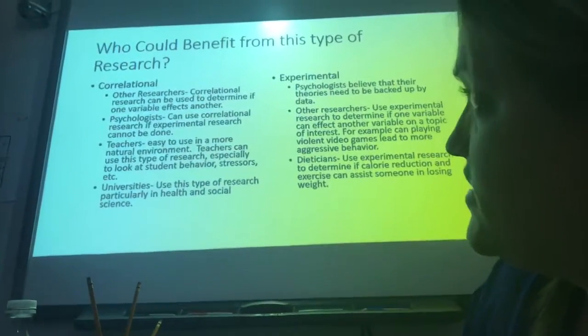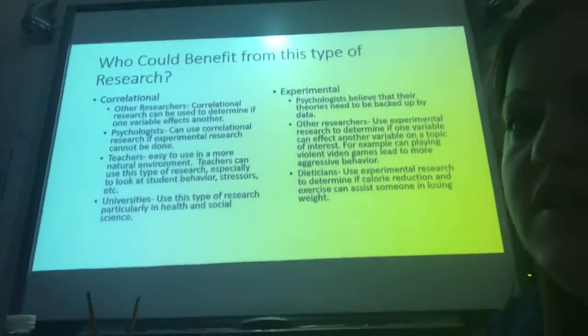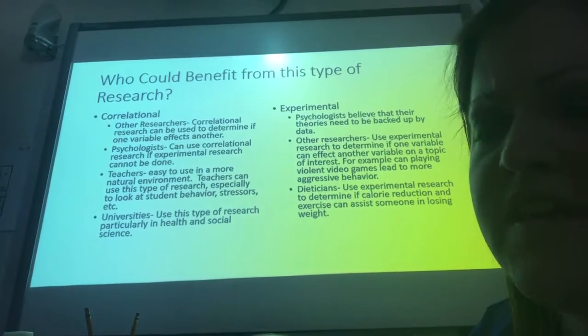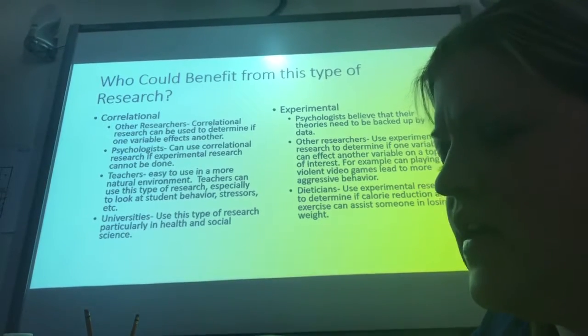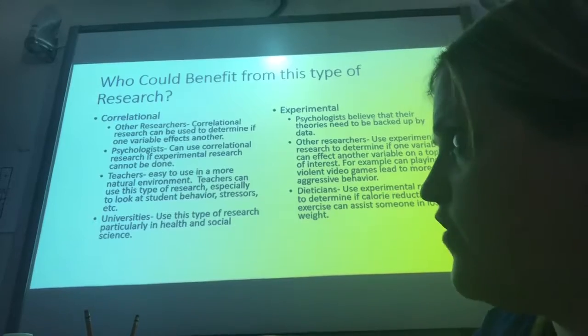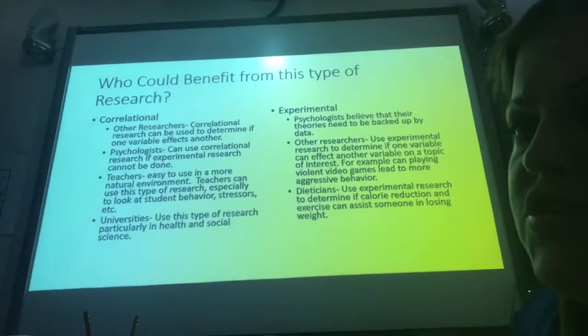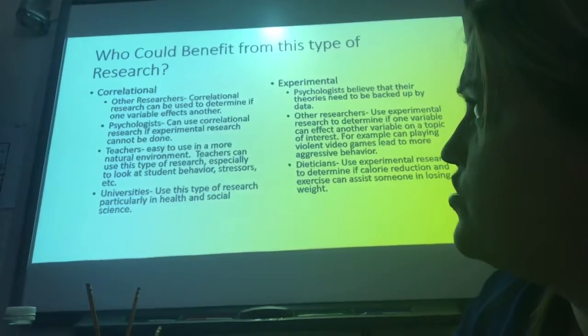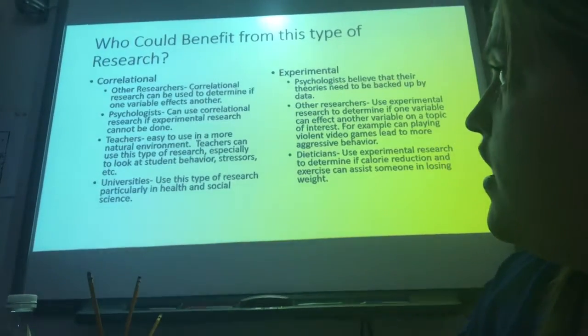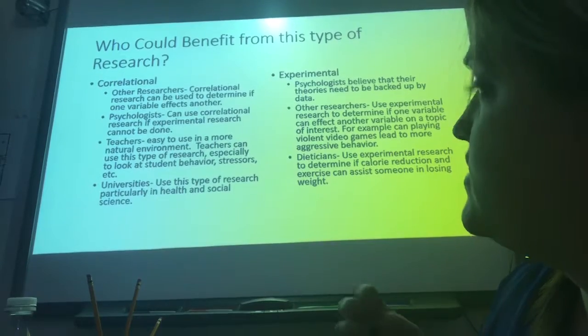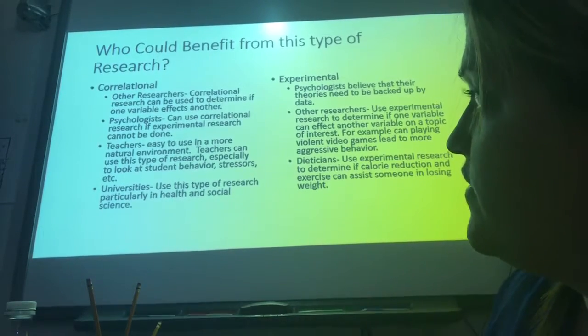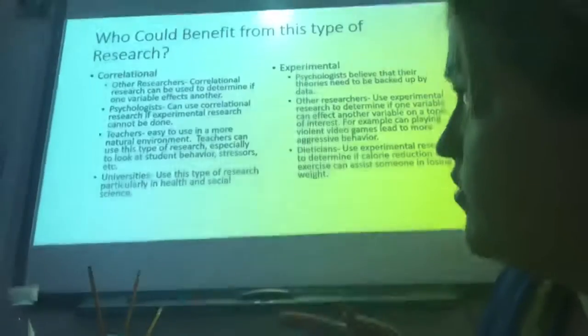Who could benefit from this type of research? This was kind of a difficult part for me because I feel like anybody in any job or career could benefit from both types of research. But I did name just a few. For correlational, I put other researchers, because correlational research can be used to determine if one variable affects another variable.